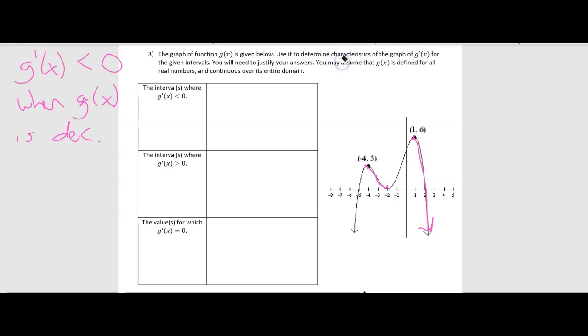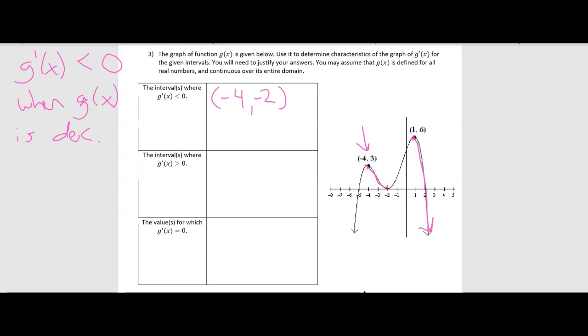So we're going to write those intervals. We're going to use open intervals because there's something special actually that's going on exactly at the point x equals -4. But between -4 and -2, we can say that the function is decreasing and the derivative must be negative, or less than 0. So we have -4 to -2 open interval.